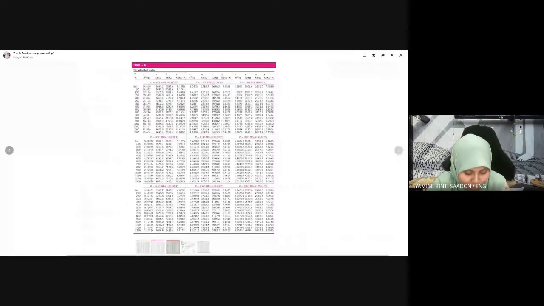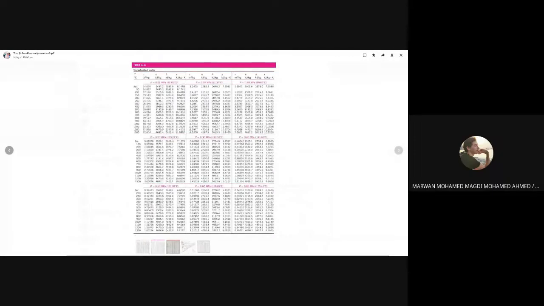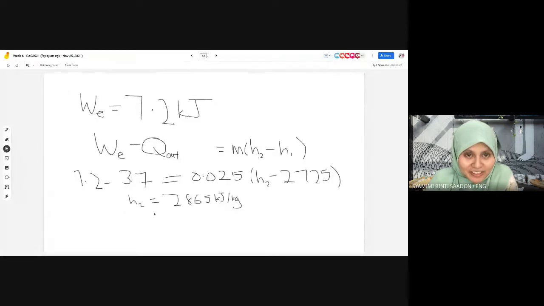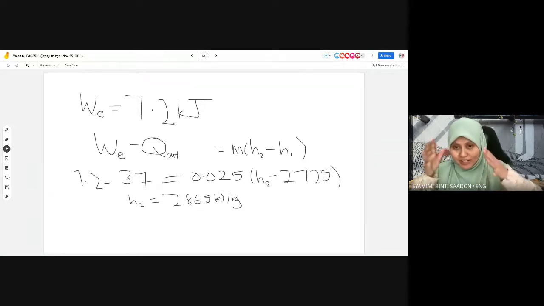Okay, 200 degrees. Sorry, miss, can you repeat this last part? Okay, so H2 you calculate from the energy balance just now. You calculate H2, you get 2865 kilojoule per kilogram. That's why you have to understand the situation. The water is in the cylinder.